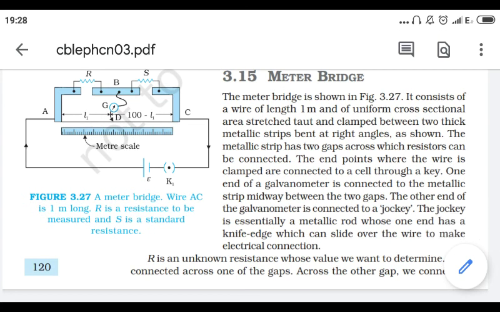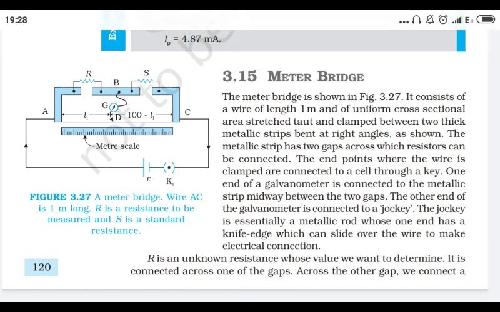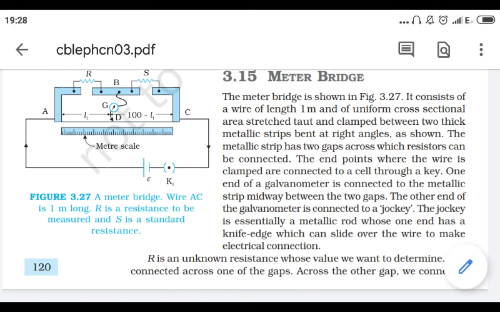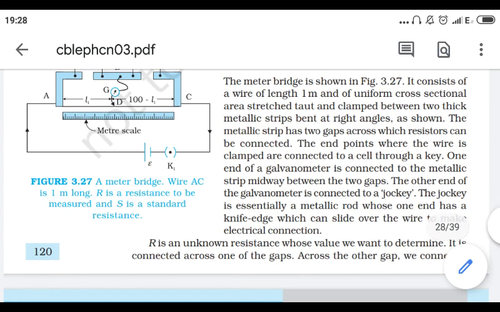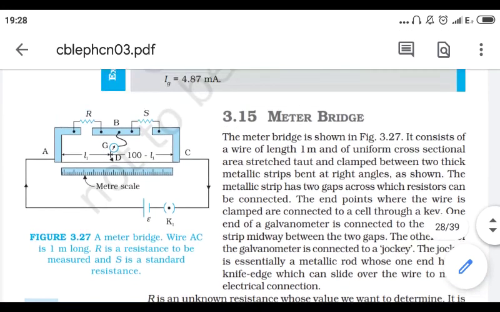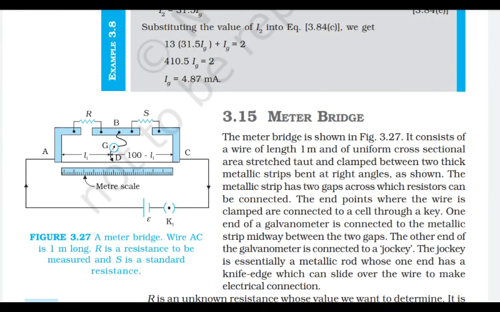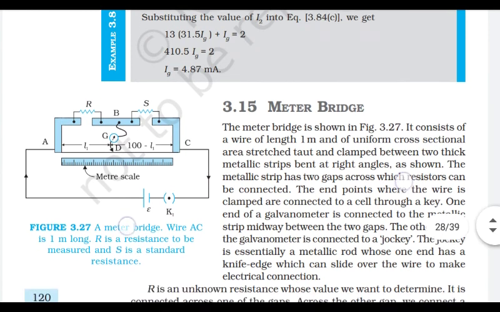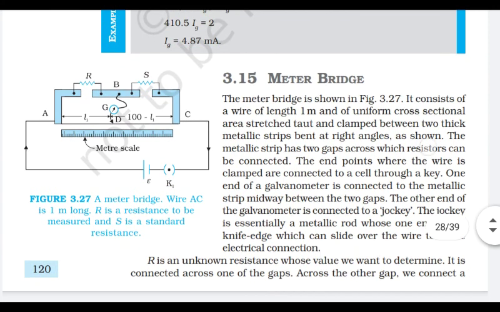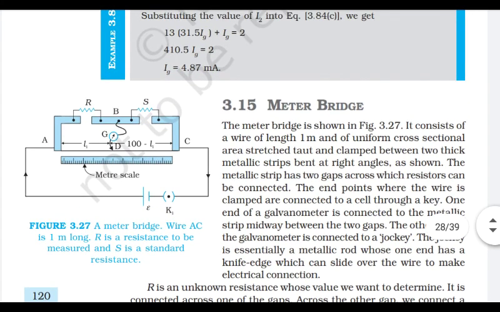You can see between A and C the battery is connected through a key K1. One end of the galvanometer is connected to the metallic strip midway between the two gaps. You can see from point B a wire is connected to a galvanometer, and here is an arrow which is called the jockey, the other end of it. So we'll study tomorrow about the meter bridge.